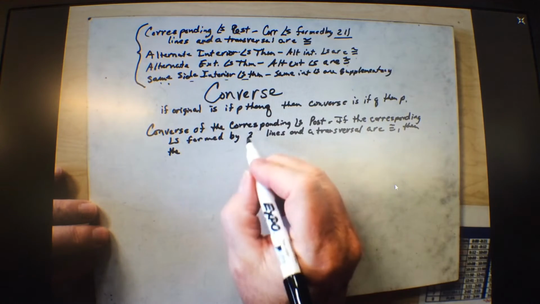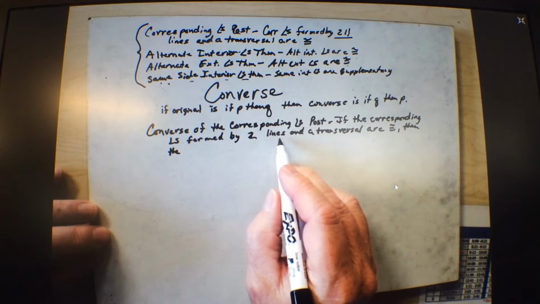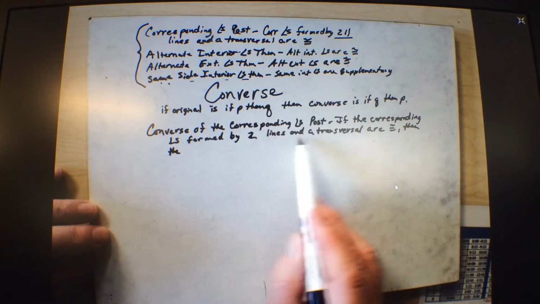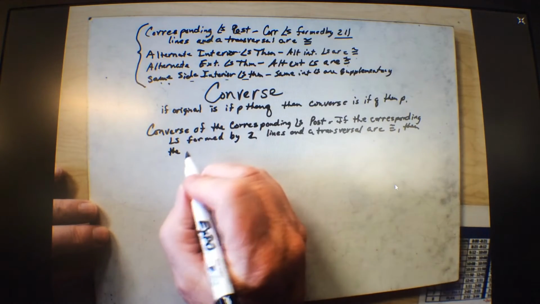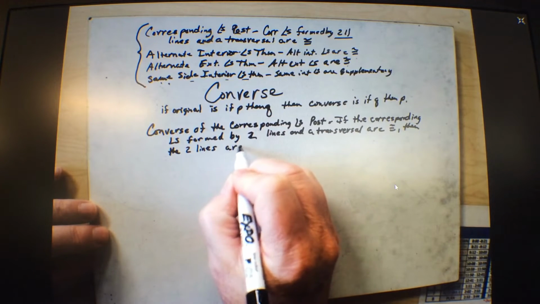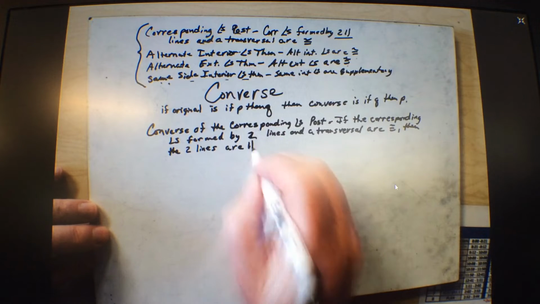It shouldn't say two parallel lines because that's what we're trying to prove. It should say if the corresponding angles formed by two lines and a transversal are congruent, then the two lines are what? Parallel. They're parallel.